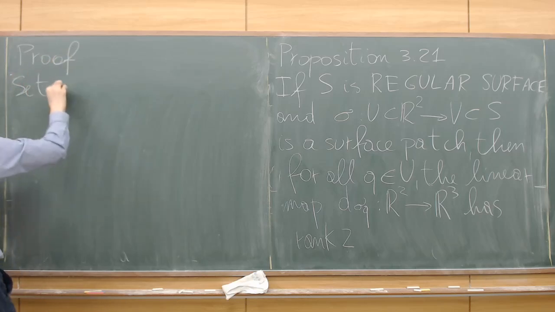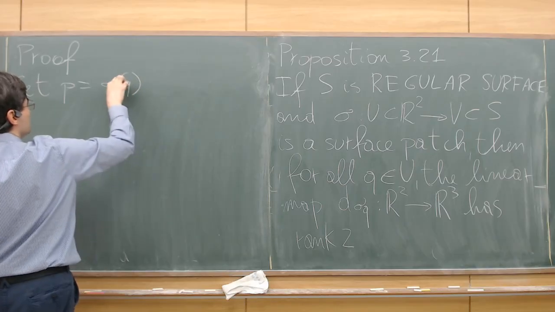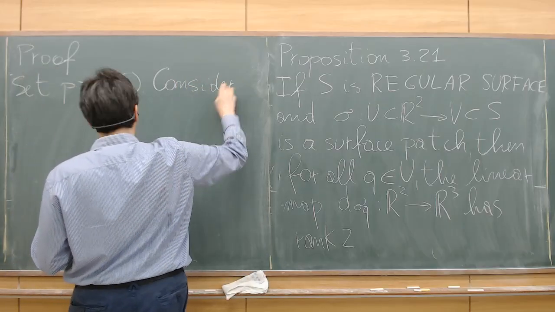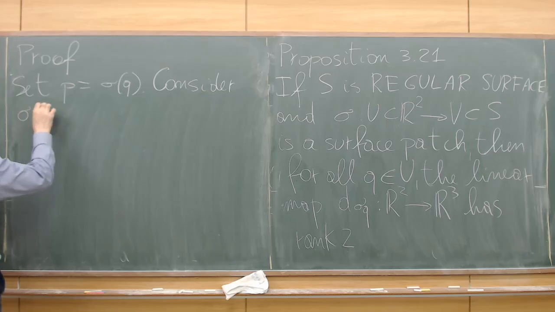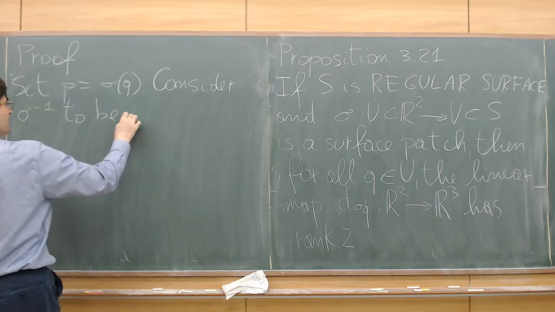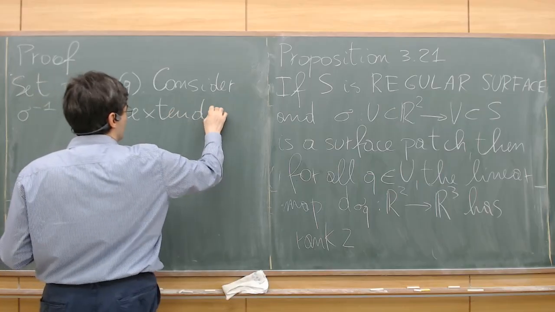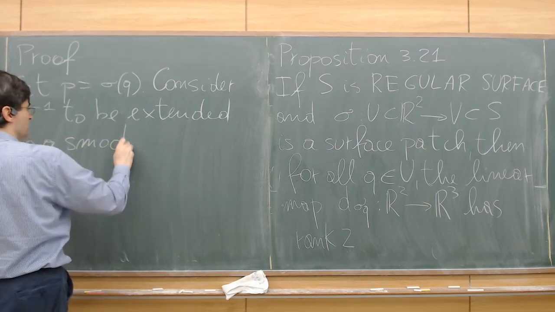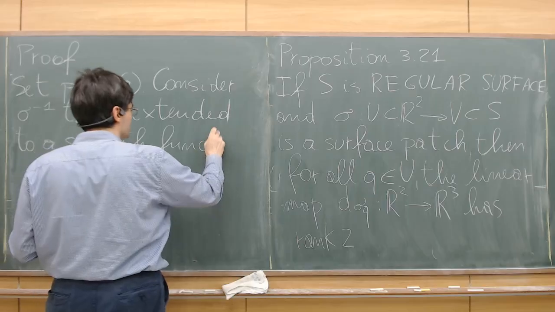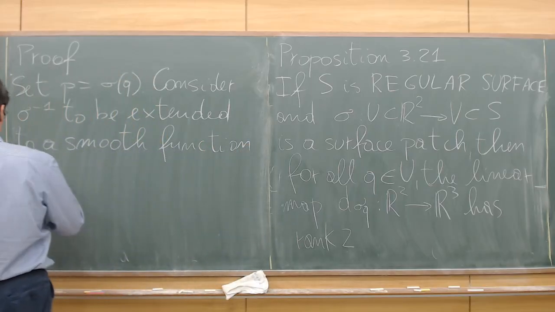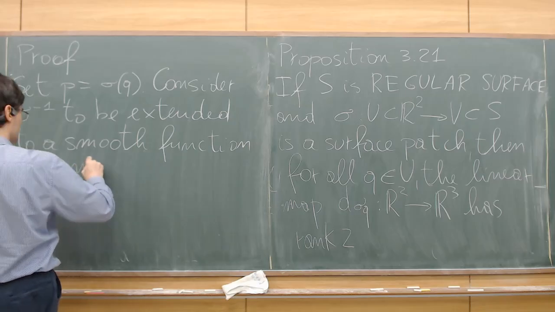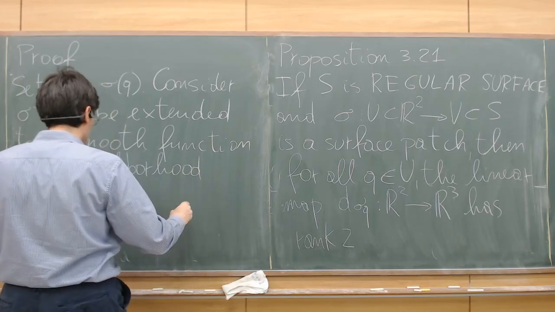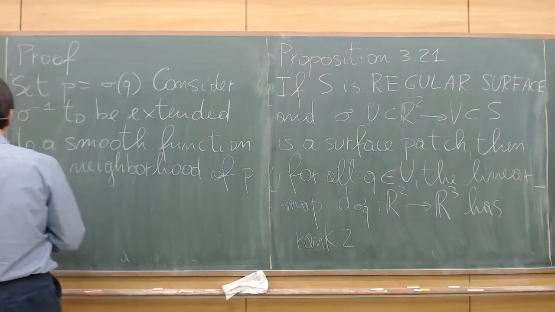Set P equals sigma q. Consider sigma inverse to be extended to a smooth function on a neighborhood of P in R3.